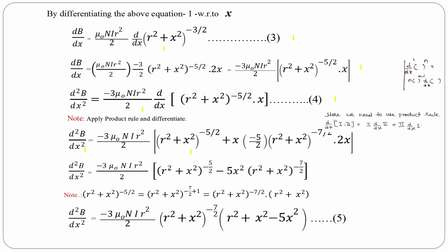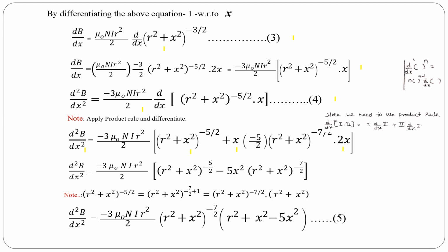Hence we have the first term (r square plus x square) whole to the power of minus 5 by 2 here, plus we are writing the second term x into differentiating the first term now, that is minus 5 by 2 into (r square plus x square) whole to the power of minus 7 by 2 into 2x.